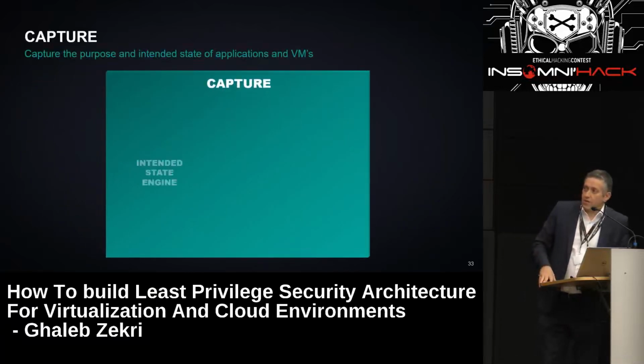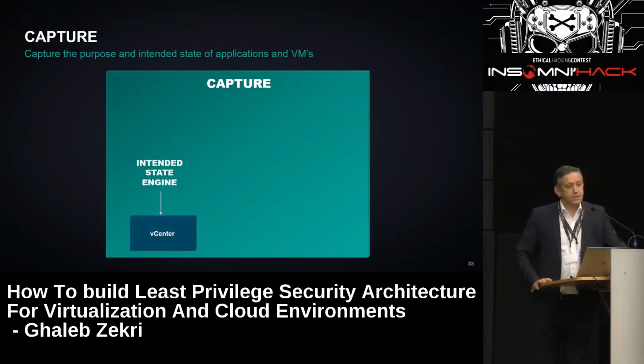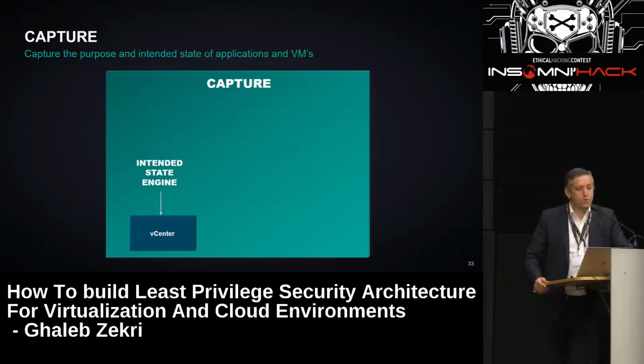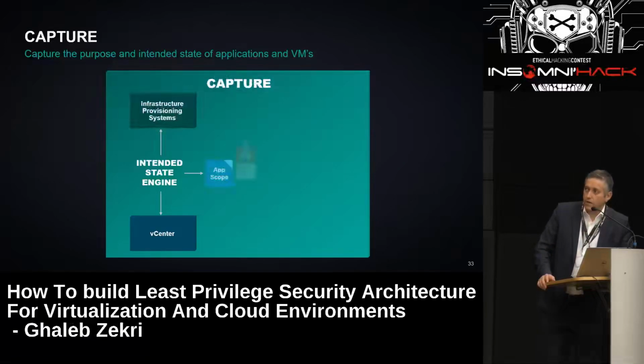So to go deep in how we build it, we have this capability to know the structure of the application, because we integrate with the hypervisor and the vCenter that manages the virtual infrastructure and the cloud infrastructure. And then we can also integrate with other provisioning tools.